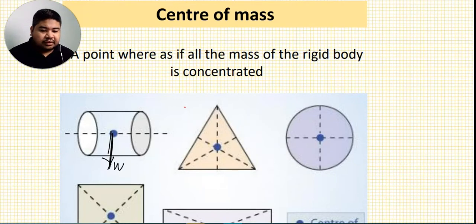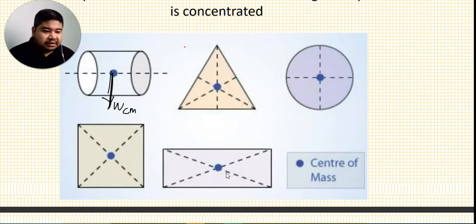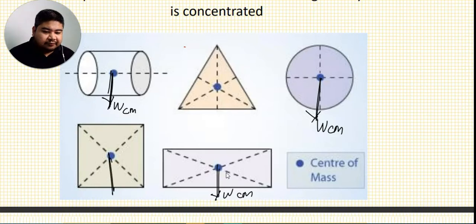This is the weight of the cylinder. The symbol that we use is WCM, which stands for weight at center of mass. The same goes for the other shape, the spherical shape, and the beam. So we use the center of mass to draw the force of gravity on the object.